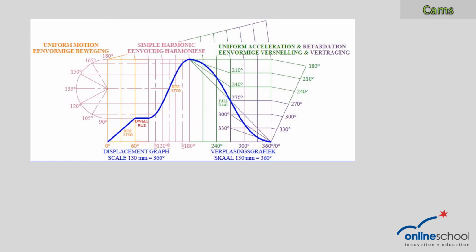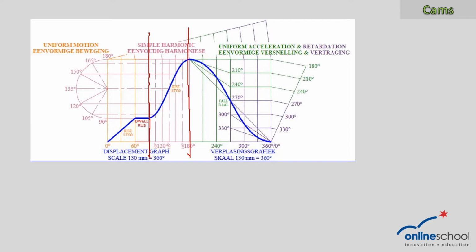In this example, we are looking at the three different displacement graphs combined into one. In the first part, we are looking at the uniform motion, which goes up to here. Then we have the simple harmonic motion, which goes up to there. And then the remainder is the uniform acceleration and retardation. Please keep in mind that we do not need the additional constructions for the uniform motion.